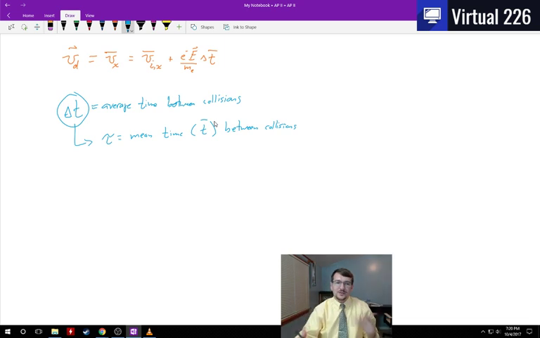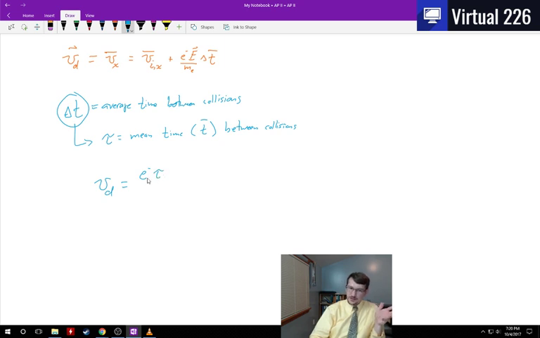So that tau is kind of a fixed term, which means we can say that this drift velocity is equal to the electric charge, and I'm going to write tau within here because it's a constant, and the mass of an electron is constant, times the electric field. Okay, so really the drift velocity is based off of an electric field. Tau has to do with the substance itself.